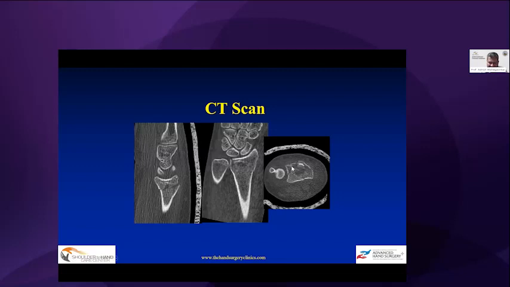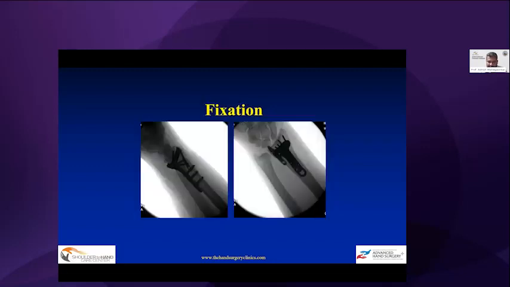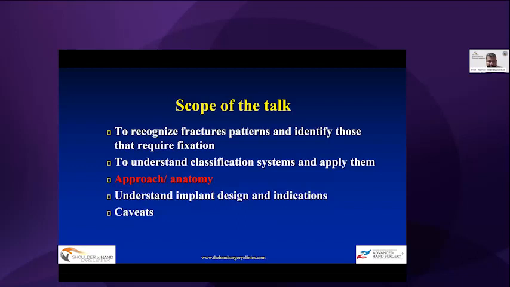So this fragment is especially important because it not only forms a part of the DRUJ, but also the radiocarpal joint. So again, a volar plate was used, and through a separate dorsal incision, that fragment was buttressed to achieve stability and good reduction of the distal radius.